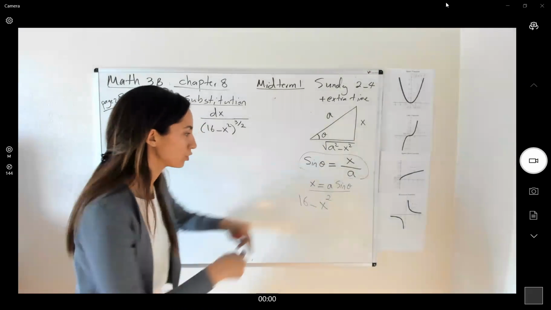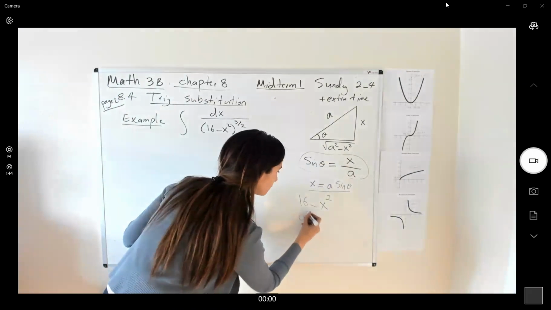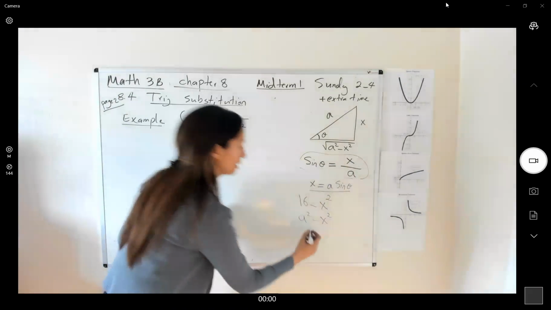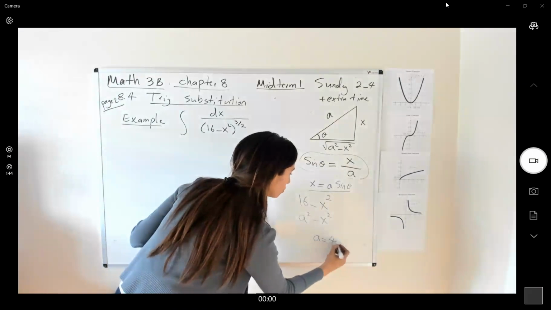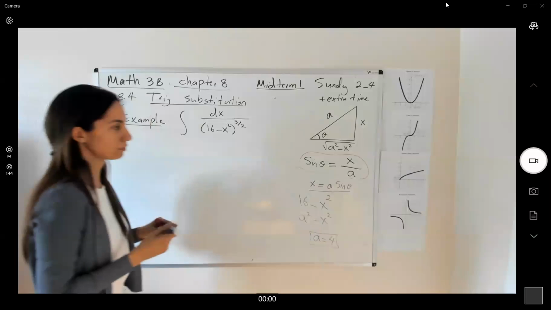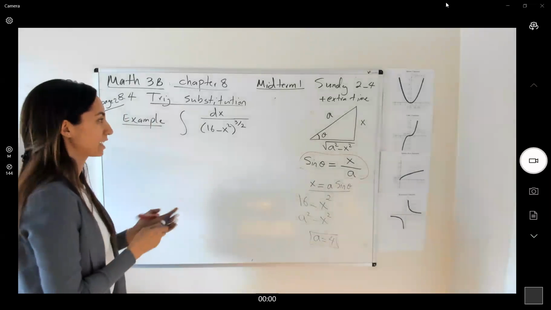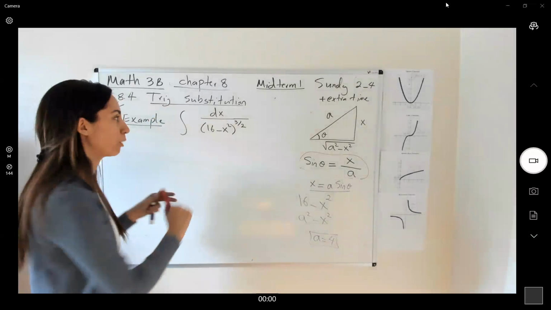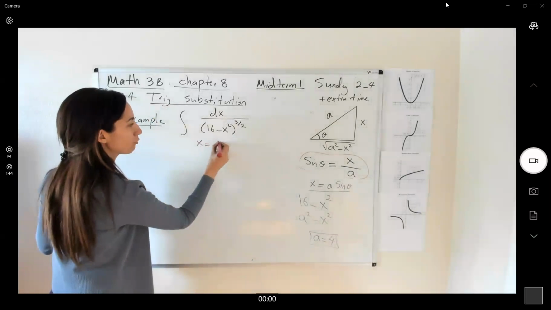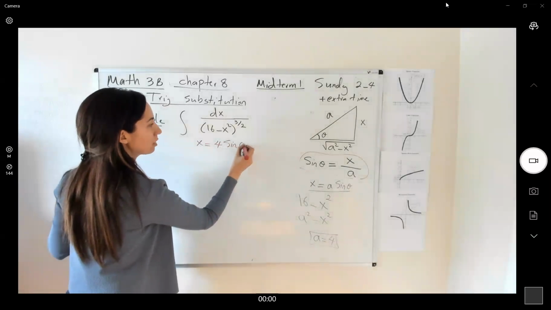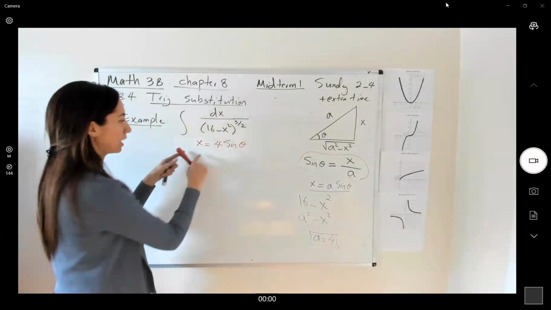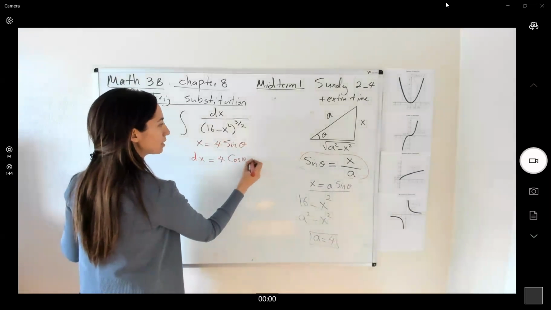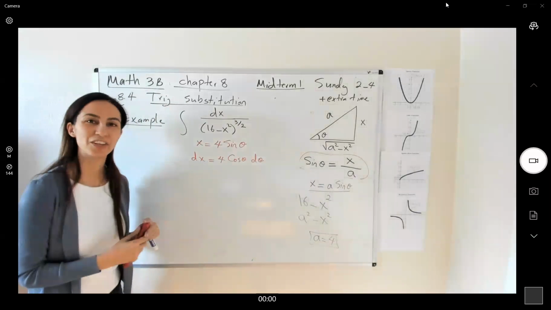So compare these two. A squared minus x squared. What is a? A is equal to 4. So we can say that, hey, I'm going to use trig substitution by taking x to be 4 sine theta. Now dx is equal to 4 cosine theta d theta.